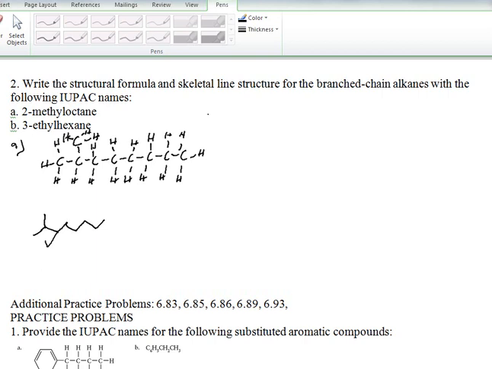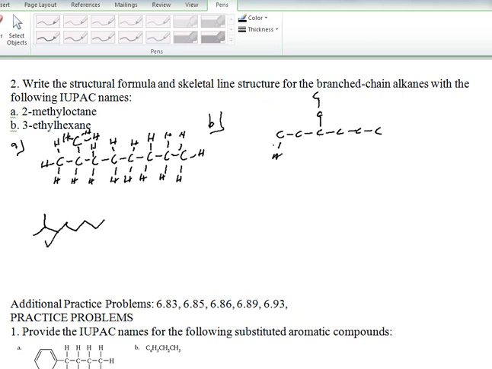So part B, 3-ethyl hexane. Hexane is 6 carbons. So let's draw a 6-carbon chain here. 5, 6. A 3-ethyl group off of the third carbon. Now you can start with this carbon, 1, 2, 3, or you can count 1, 2, 3. I don't care. I typically count from the left if I have a choice. It doesn't matter though. So we draw a 2-carbon branch. That's an ethyl branch.